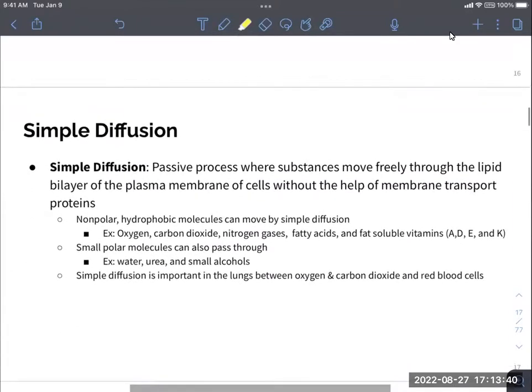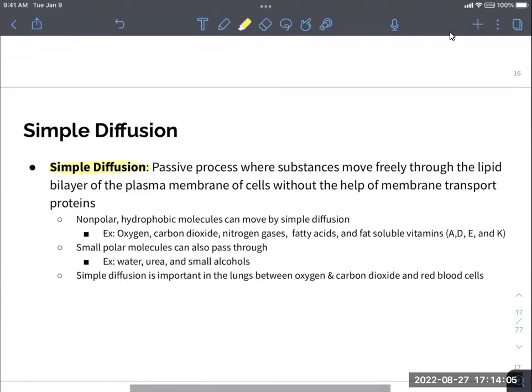Simple diffusion. Simple diffusion is the easiest kind. Nothing has to happen on any end to make something diffuse. It's a very passive process. It happens freely as things travel through the plasma membrane. We don't use proteins. We don't use anything. They just go straight through the plasma membrane.